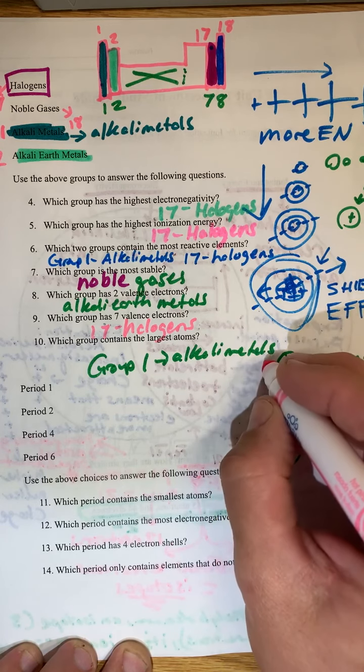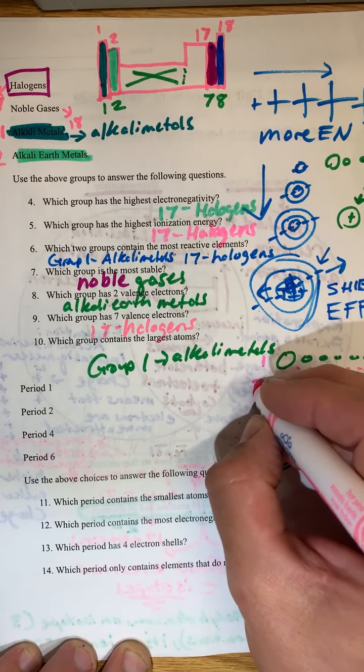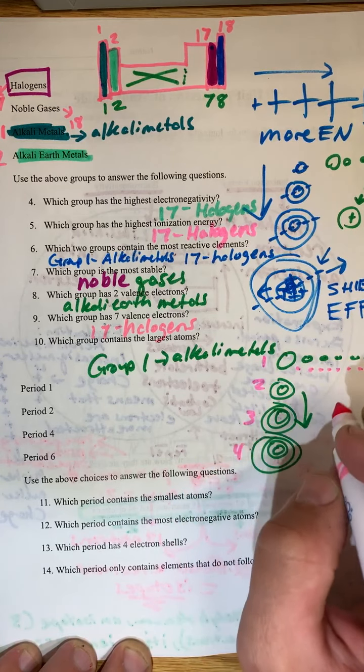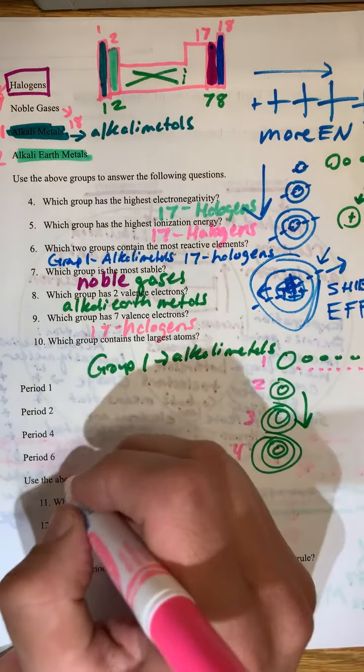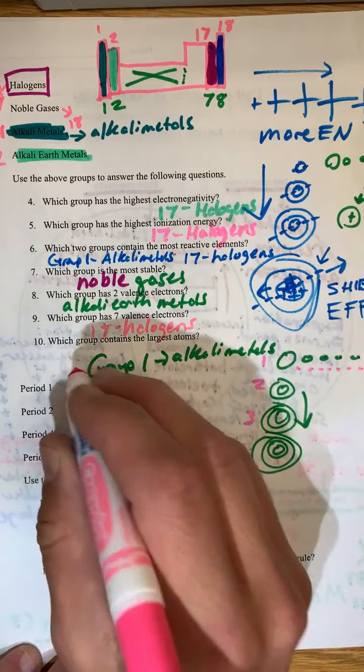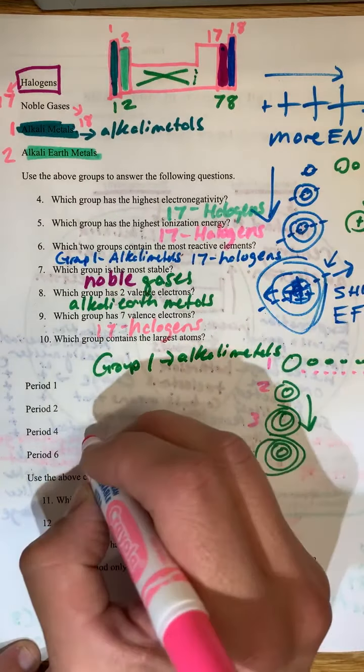Well, if this is period 1, 2, 3, and 4, well, I guess we have to draw out these periods now too, don't we?